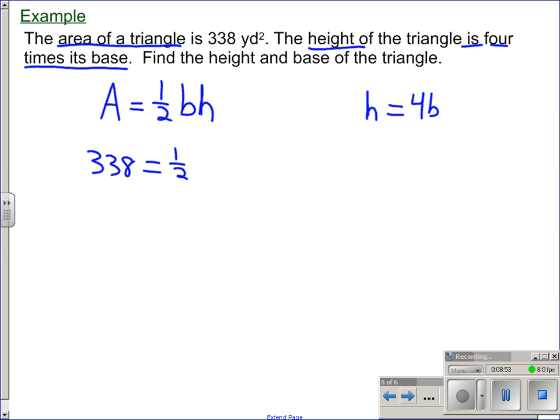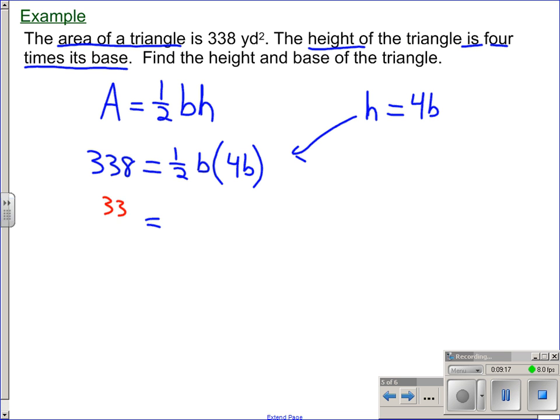So what I'm going to do is basically like a system of equations. I'm going to take the h out of our equation, plug in 4b. Okay, the question is find the height and base. By making this substitution here, we got one equation, one variable. We've been talking about it a little bit with all the problems we were doing in the previous sections. We can solve this thing for b.